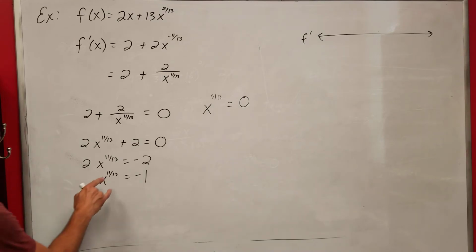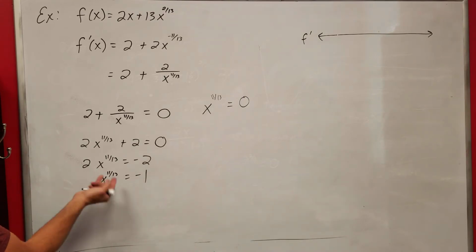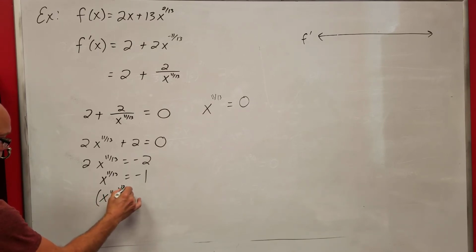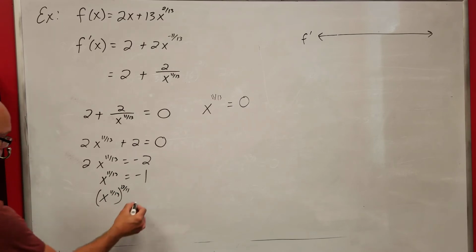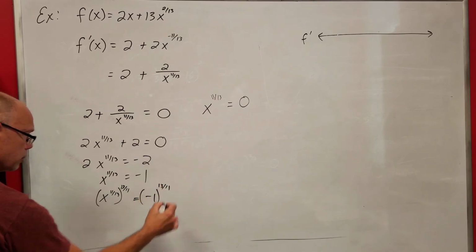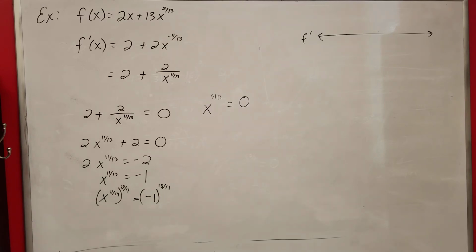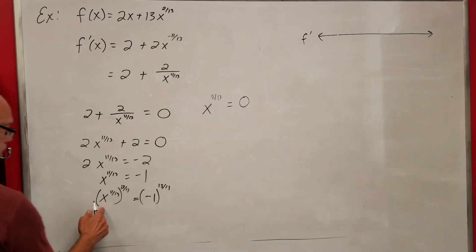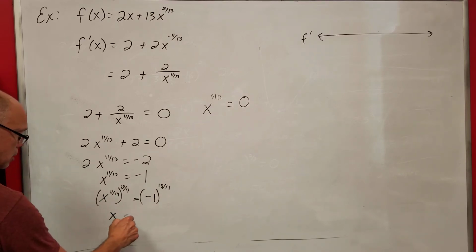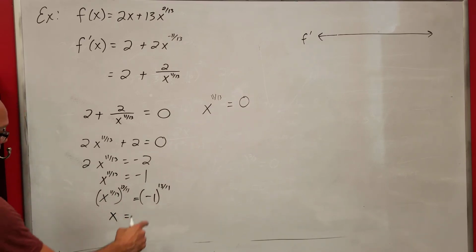All right, now what do we do? We raise both sides to the reciprocal exponent. So I have x to the 11 over 13, and I'm going to raise that to the 13 over 11. Well, I need to take negative 1 and raise that to the exponent of 13 over 11 as well. So this becomes x to the first, or just x, is equal to, now think about what this is.